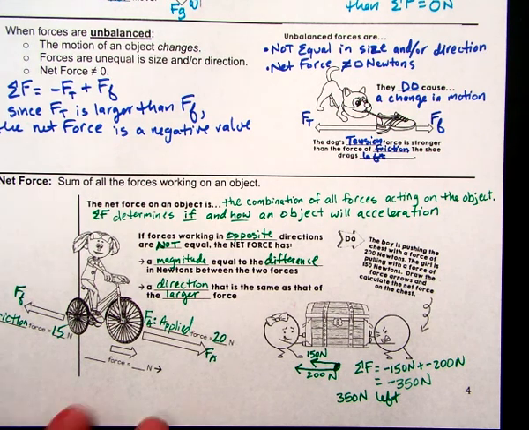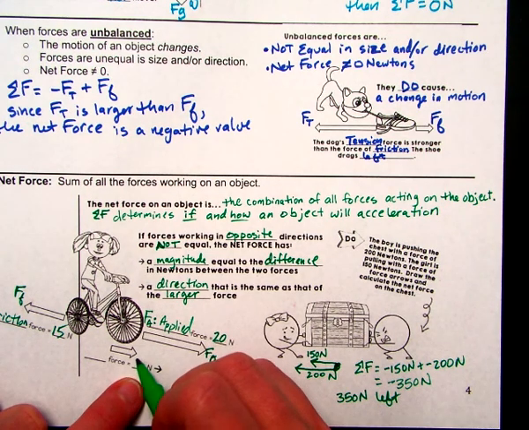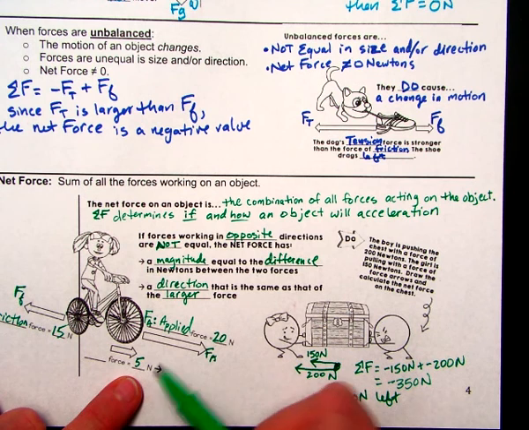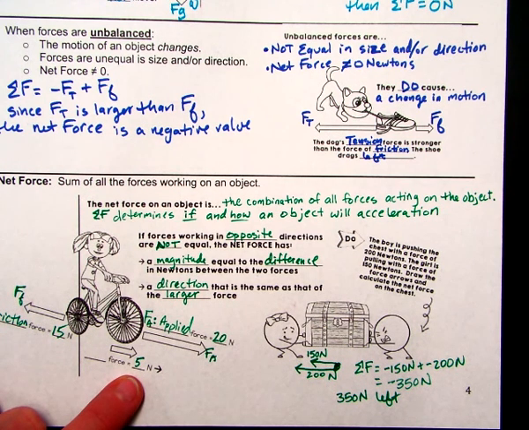All right, and what I'm going to do is put 5 here, and I want you guys to tell me, what does that mean? What does this number represent? In this scenario, what does 5 represent? The difference. And when we find the difference of the forces, what kind of force is that?